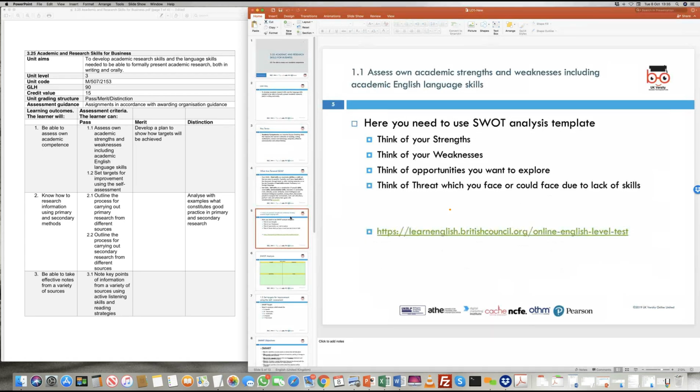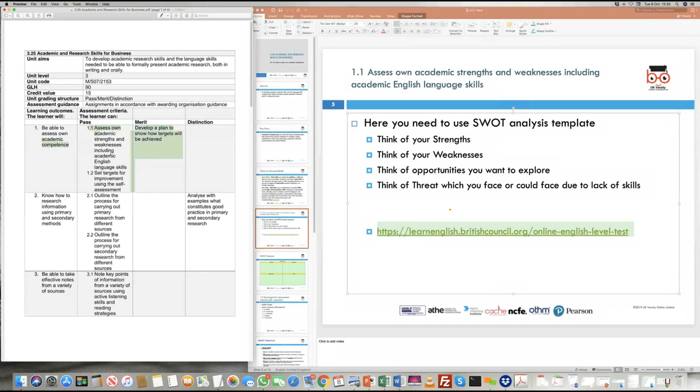Yes. Now, having understood that, we could look at one or two videos on YouTube with regards to these skills. But at this stage, when we go into understanding this particular unit and the first learning outcome, what it is asking us to do is identify our strengths and weaknesses in relation to English as a language.